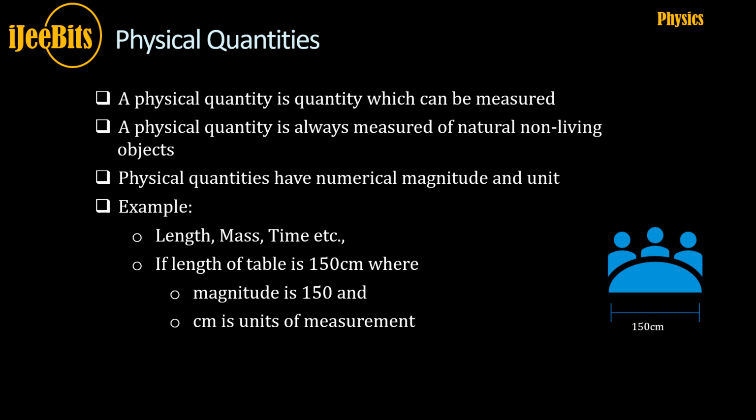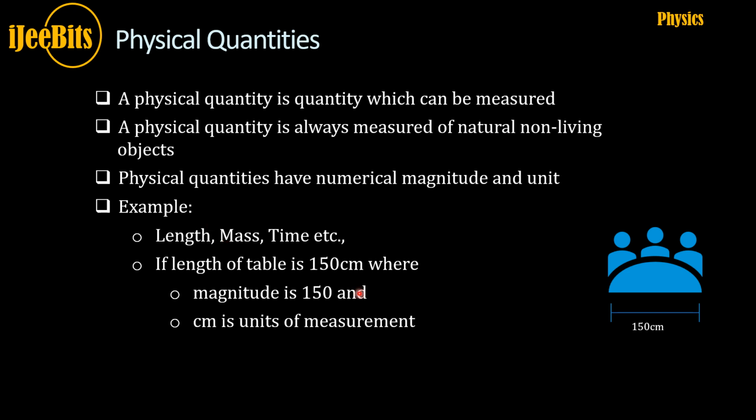Let's recap what we studied about physical quantities. A physical quantity is a quantity which can be measured, isn't it? A physical quantity is always measured of natural non-living objects. It has a numerical magnitude value and then units. Length, mass, time are what we use for measuring physical quantities.